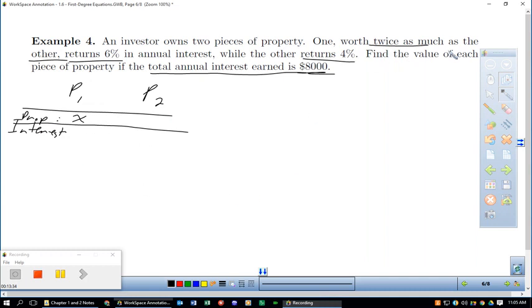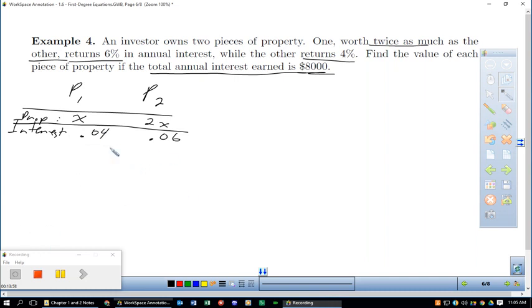One of them is worth twice as much, so that would be 2x over here. Now on the interest line, the one that's worth twice as much is 6%, so that's 0.06, no percent, and the other is 0.04, or 4% interest.